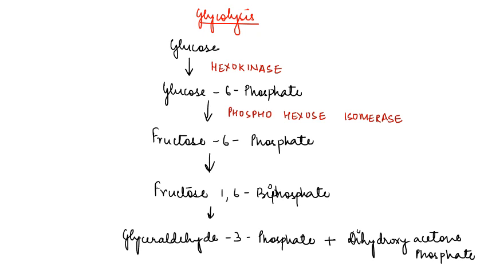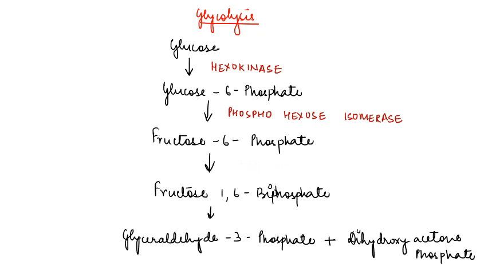Fructose 6-phosphate changes to fructose 1,6-biphosphate. Sorry, I have written a wrong enzyme here.